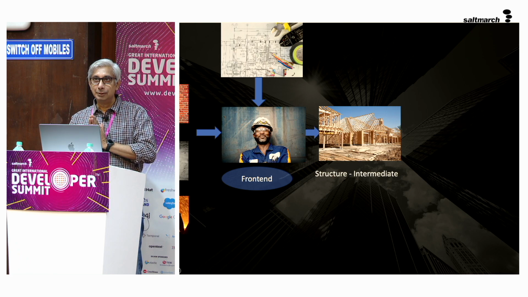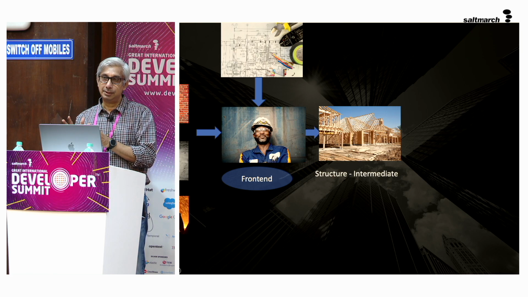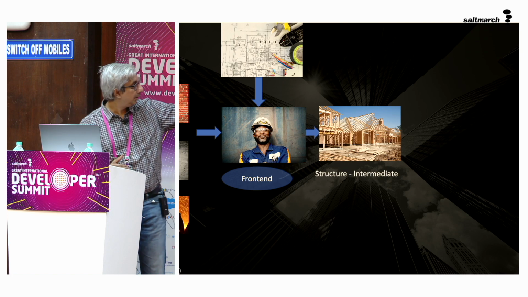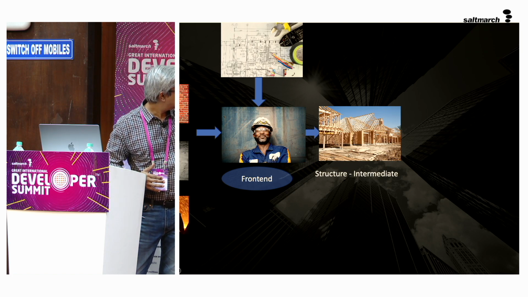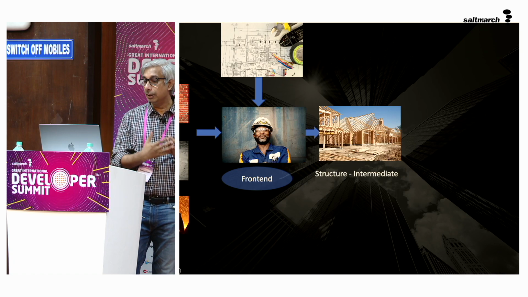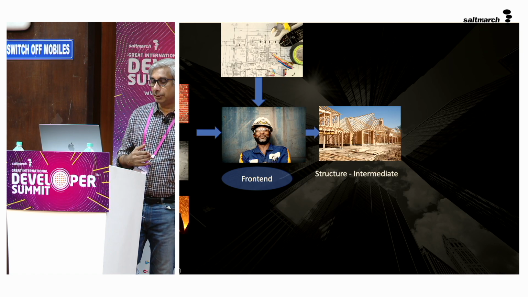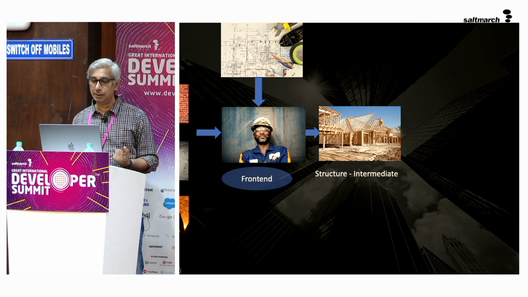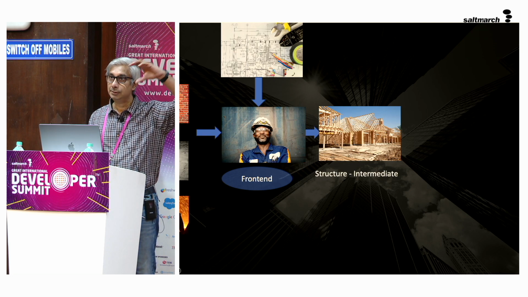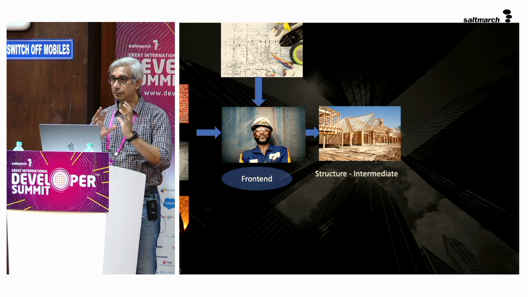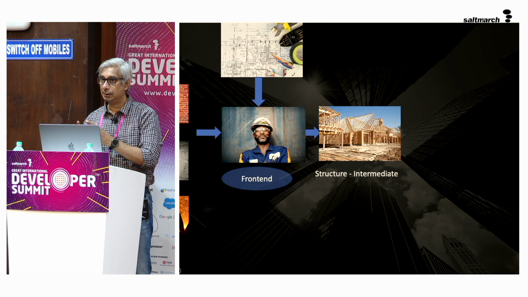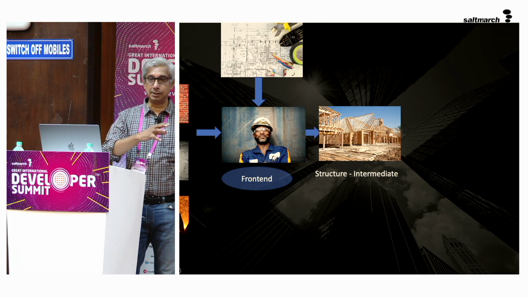Similarly, we fix the structure first. We look at the blueprint. When you construct something, you get bricks, you get iron, you get cement, and then you have a blueprint, some specification. And then there is this guy, the mason, the front end person. He comes and builds the structure.